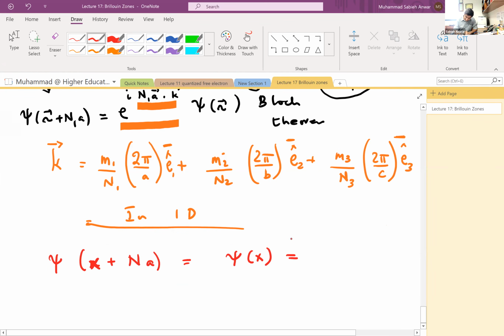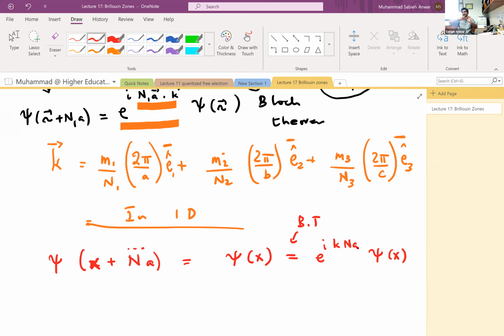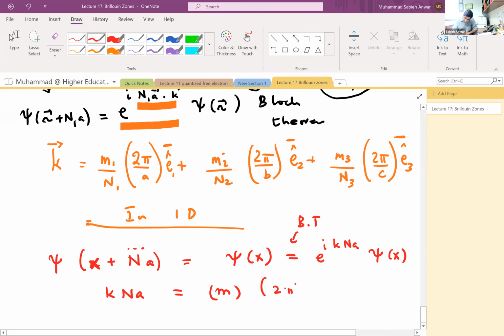But according to the Bloch theorem, this thing here equals psi of x times e to the i k n a, because the a vector and the reciprocal lattice vector, the k vectors, are just along a line, so they are parallel to one another. So I don't need to take the dot product. So what this means is that k n a must equal some integer times 2 pi.